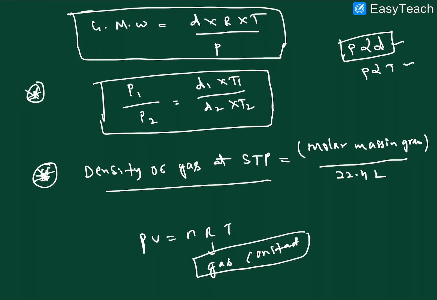So what will we get here? The gas constant R is equal to 1 into 22.4 liters by, what is the number of moles here, 1 into temperature 273 Kelvin.